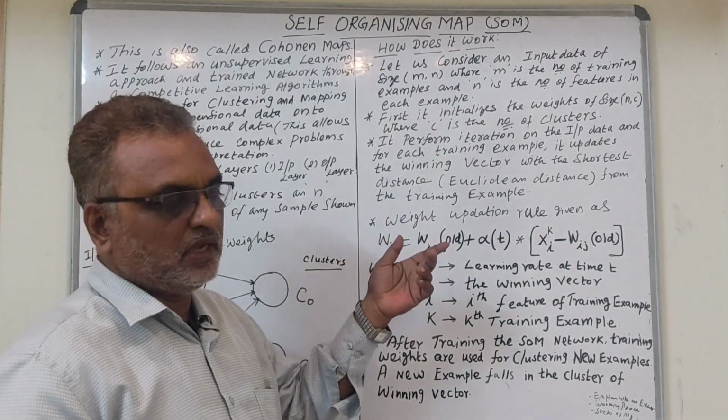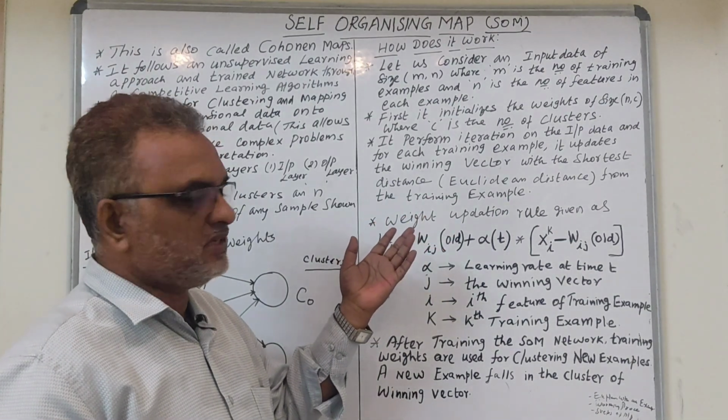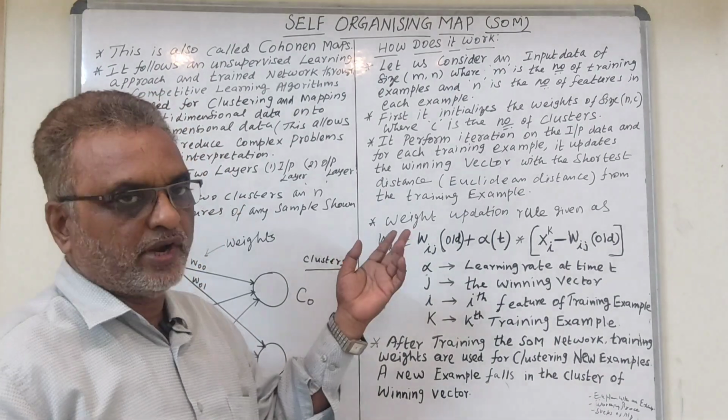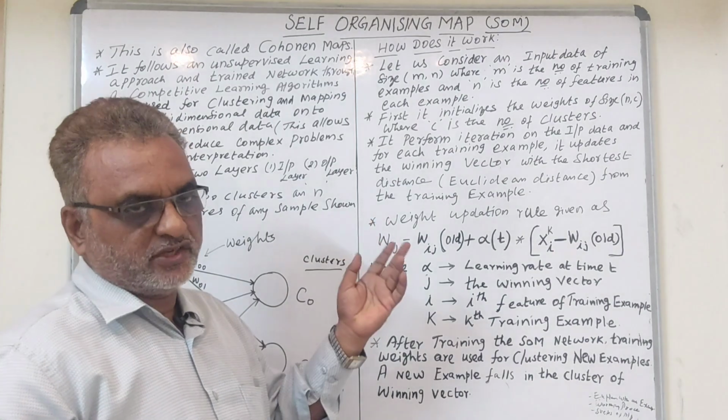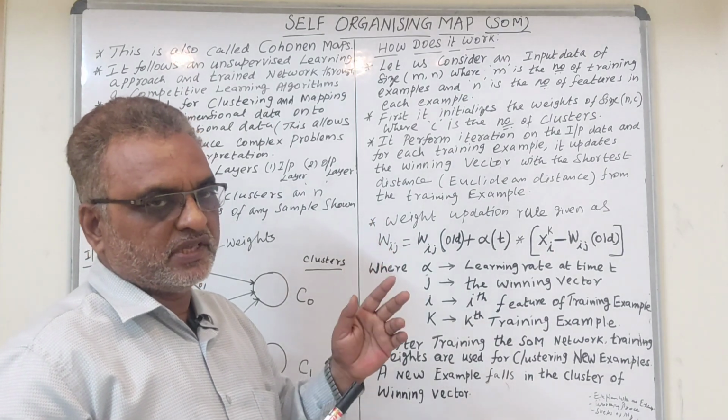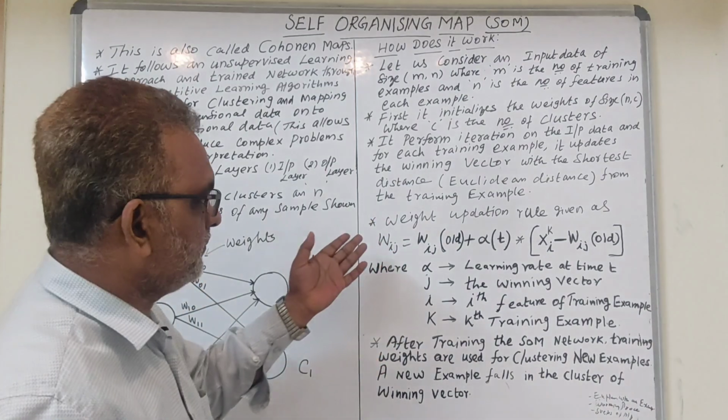We know the formula: the Euclidean distance between two points P1 and P2 can be written as the square root of (x2 minus x1) whole square plus (y2 minus y1) whole square.